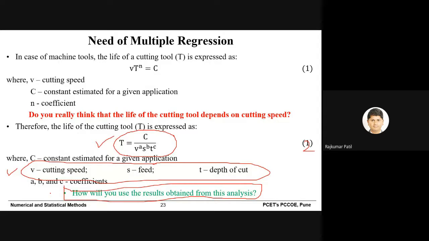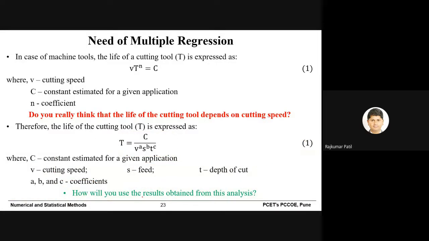for a given application? So what could be the possible use of such relations or results obtained from the relations is, you can select a suitable cutting tool for a given speed, feed and depth of cut. So as an engineer, you can make that decision.